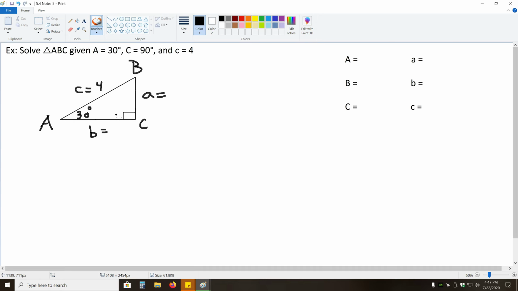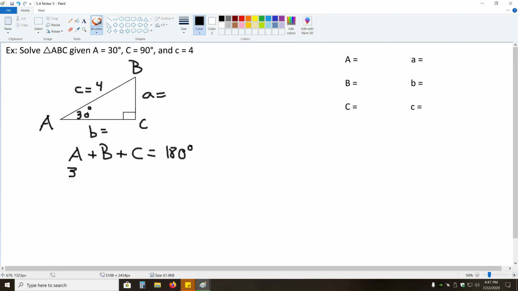How can we start solving this from here? Well, the first thing that we can make note of is we know how to find this angle B. Because whenever you add up all the angles of a triangle, the result always has to be 180 degrees.